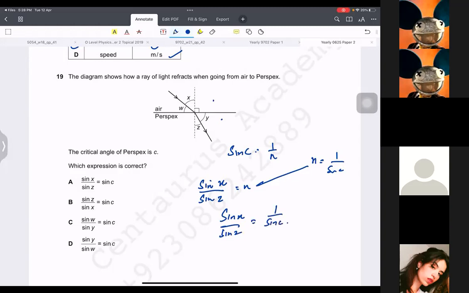Now if I make it the subject, sine c, take reciprocal, so sine z over sine x. B. Pretty easy. Any questions, please let me know. This is, I think, the first time you might be looking at it. Okay.